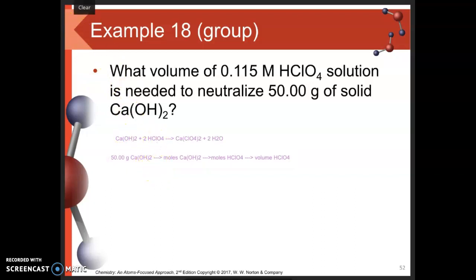I'm going to need a molar mass to do the first step. I'm going to need the balanced chemical equation to do this step here in the middle. And then I'm going to need this molarity to go between moles and volume. The only thing that we're missing is the molar mass.